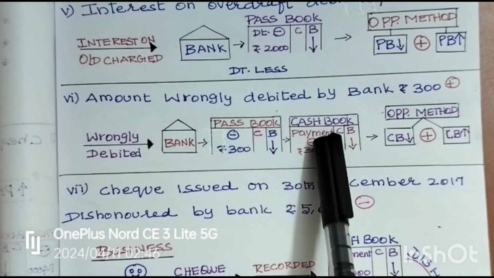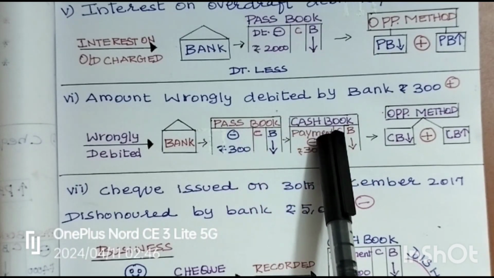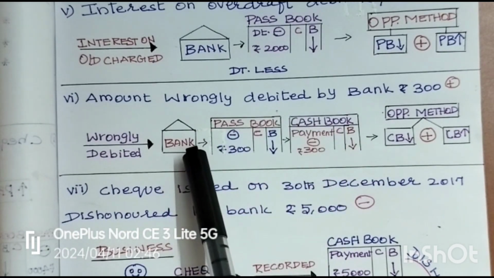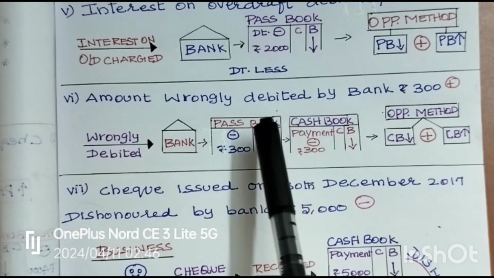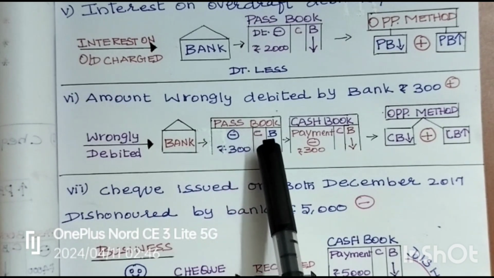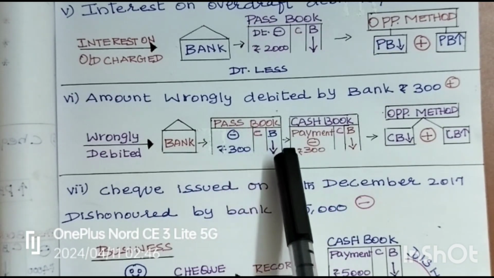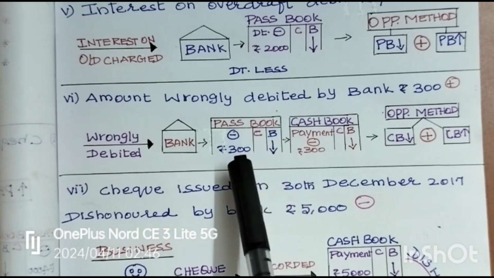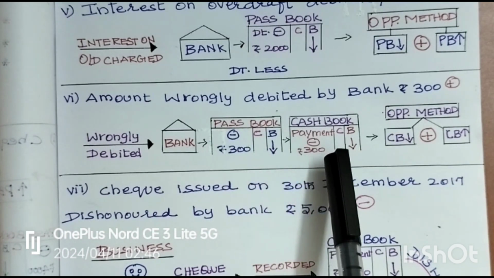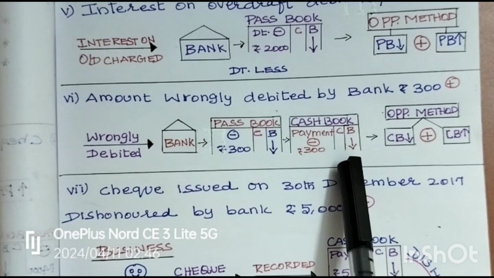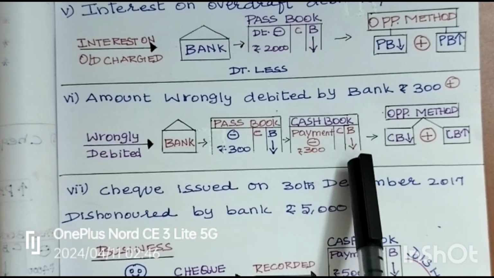In cash book also we do the same, we also do the wrong debit in your cash book. Then only the bank reconciliation statement will show the same balance on both cash book and passbook. Okay, so cash book also shows the same mistake.